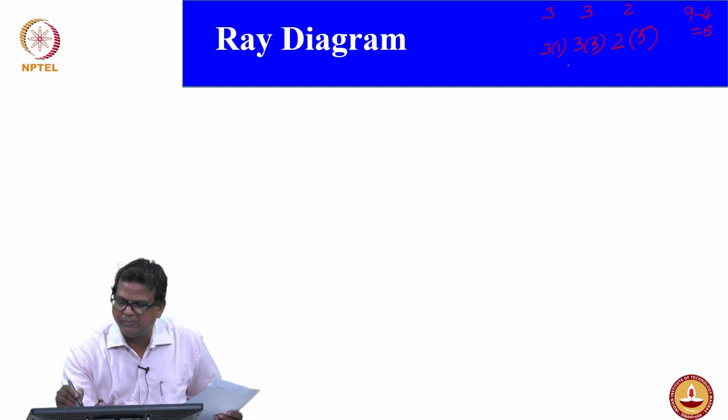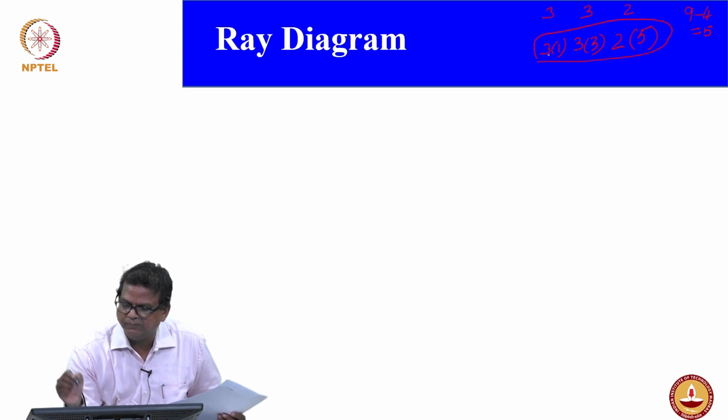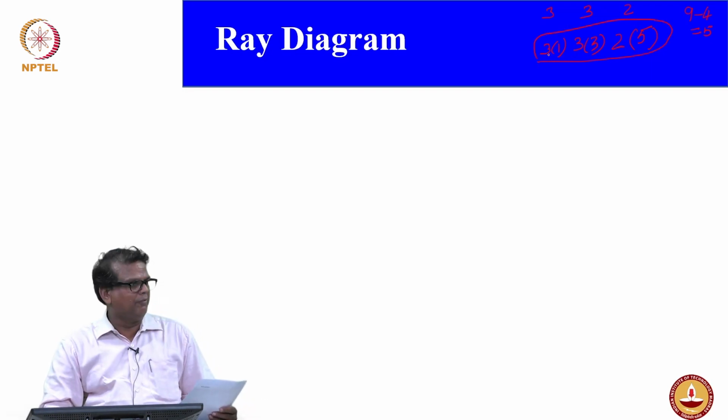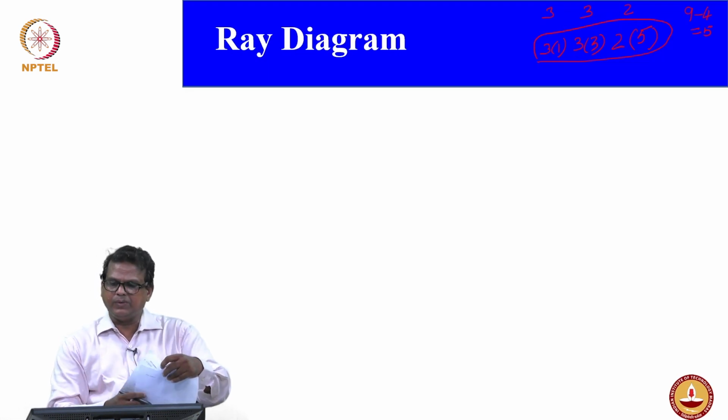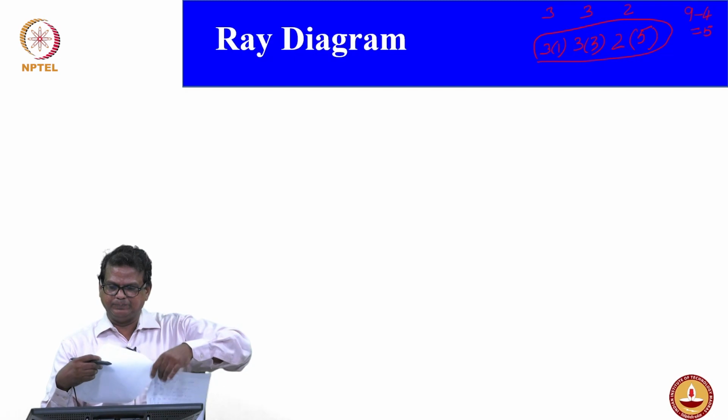So the structural formula now is 3 of 1, 3 of 3 and 2 of 5.